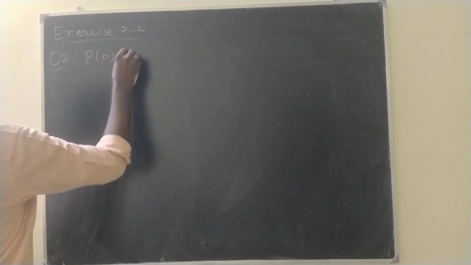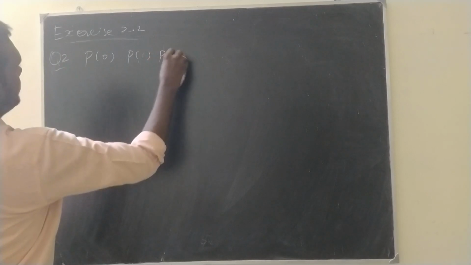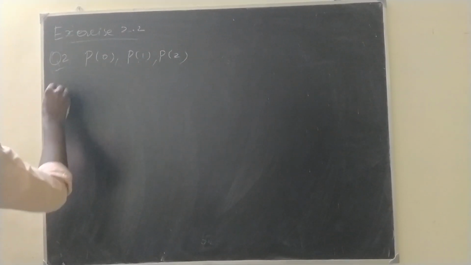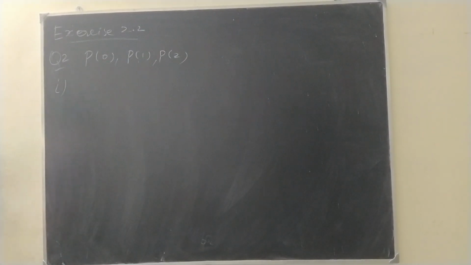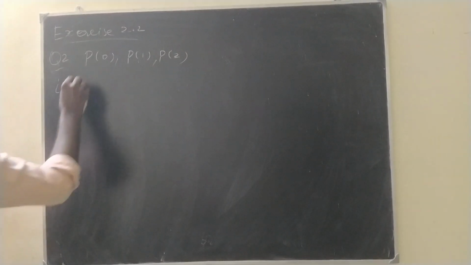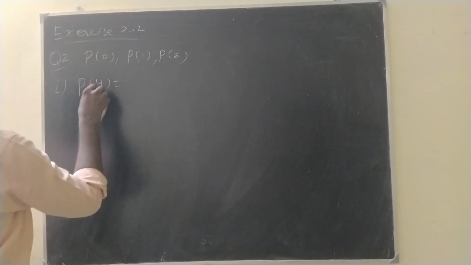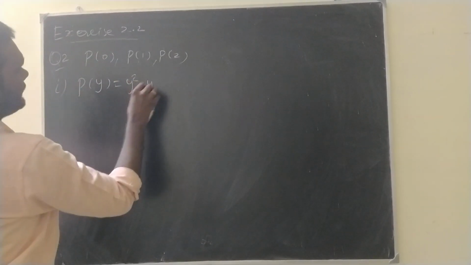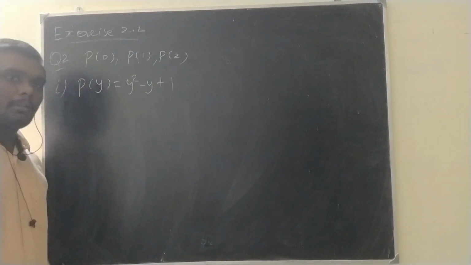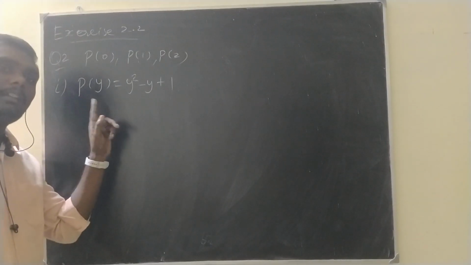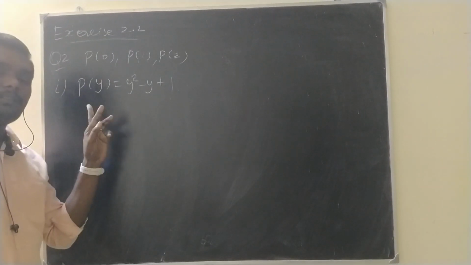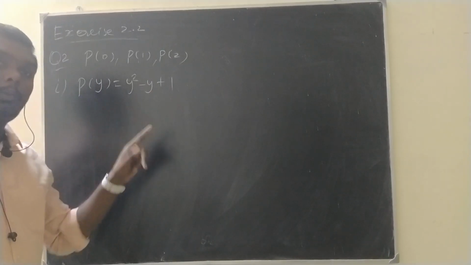We need to find P of 0, P of 1 and P of 2 in each of the polynomials. P of y is equal to y square minus y plus 1. Because if I say P of x, that is a polynomial in x. P of y means that is a polynomial in y.